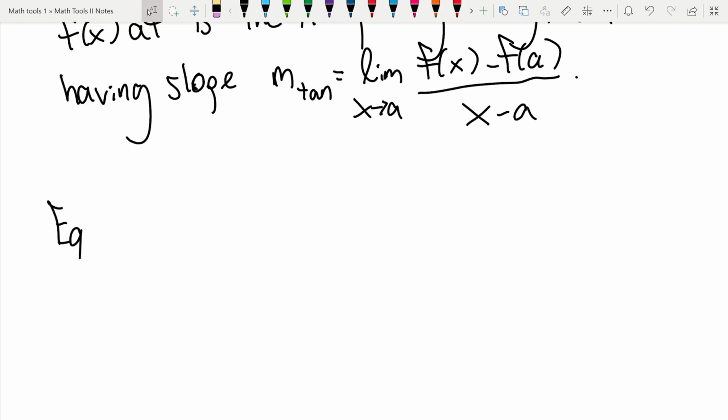Okay. So equivalently, we like to reparameterize this in terms of a and a point a little bit to the right or left of a, and then allowing the distance between those points to go to 0.